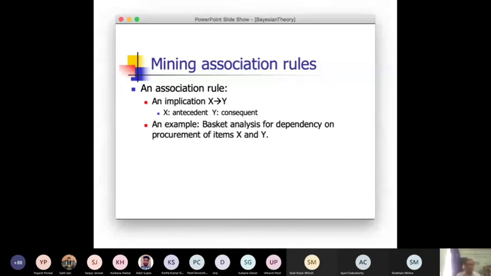As I was telling you, the example is basket analysis for dependency on procurement of items X and Y. I started with this example. Now, how do you proceed? What are the approaches? There could be various approaches. I will just be illustrating some approaches which are discussed in Alpaydin's book.